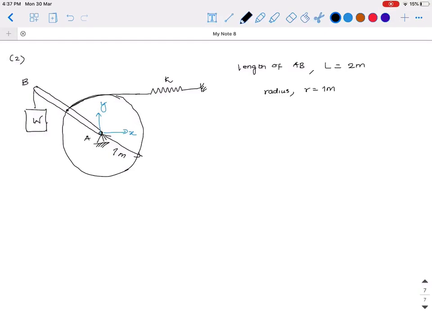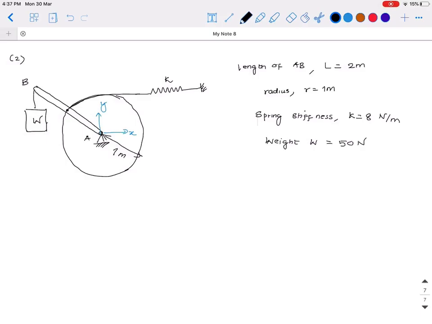The spring stiffness K is 8 Newton per meter, and weight W is 50 Newton.